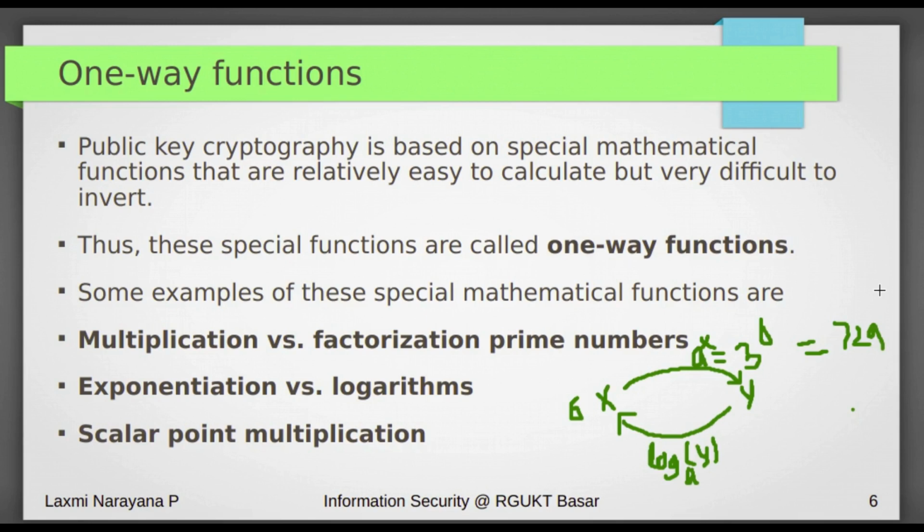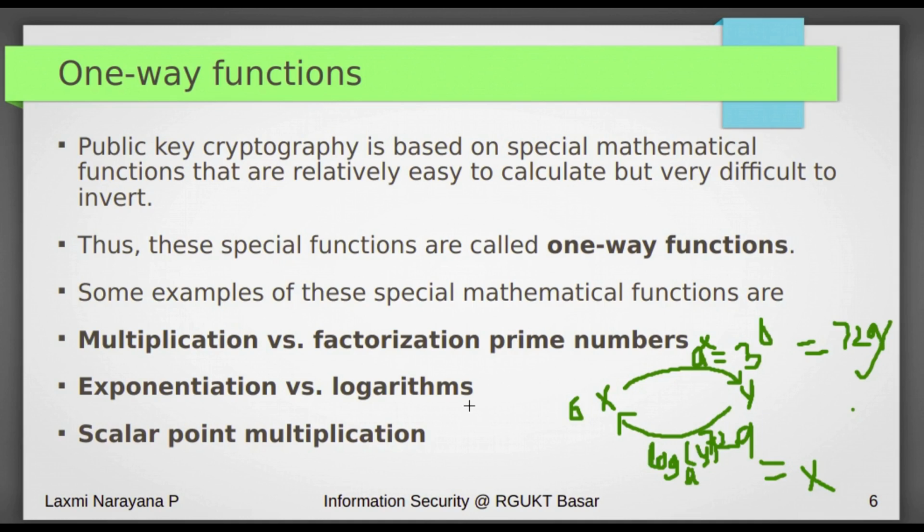But if you start with the number 729 and need to determine the two integers a and x so that log base a of 729 equals x, it will take longer to find the two values a and x.